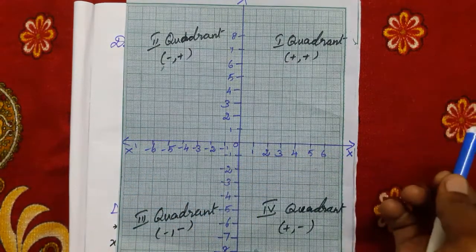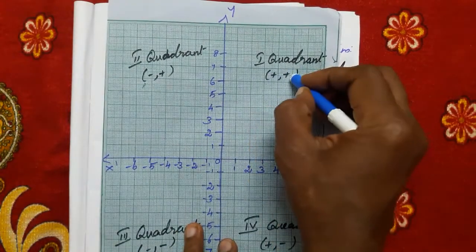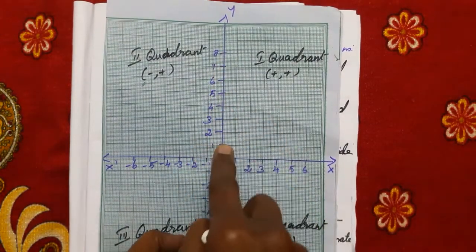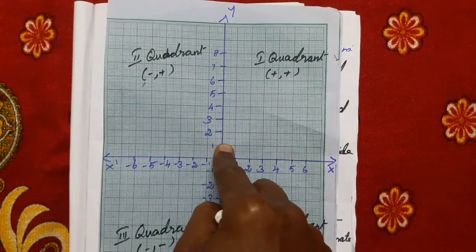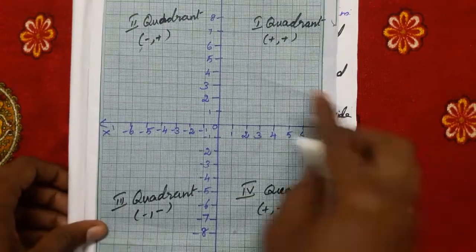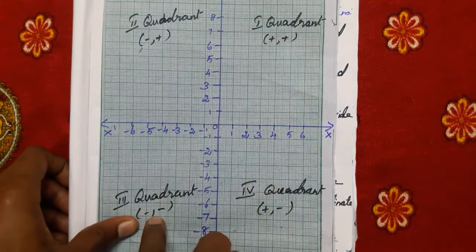So from this we can say in the first quadrant both x and y are positive. Positive, positive. Clear? Like this you can easily identify. Here positive, positive. Here negative, positive. Negative, negative.